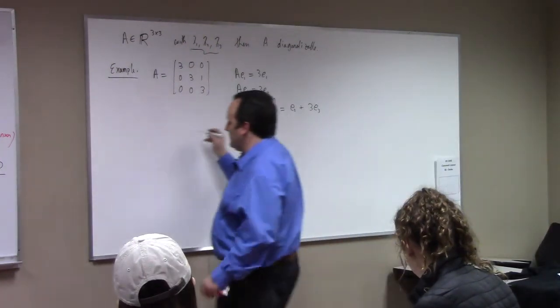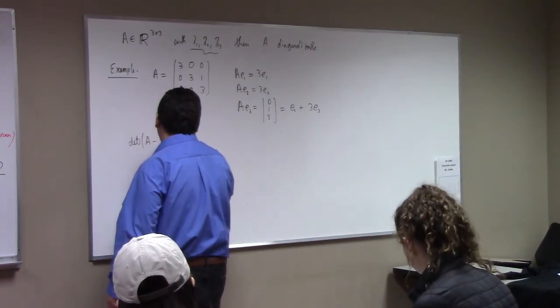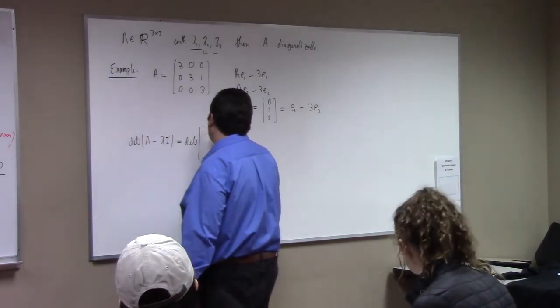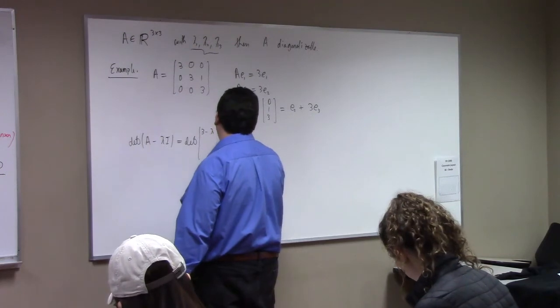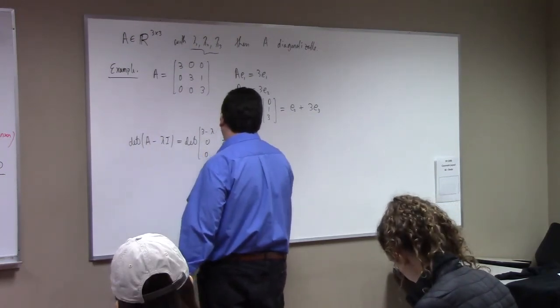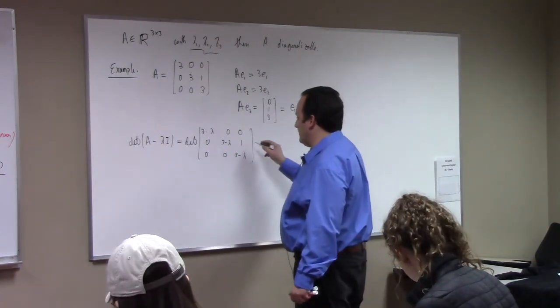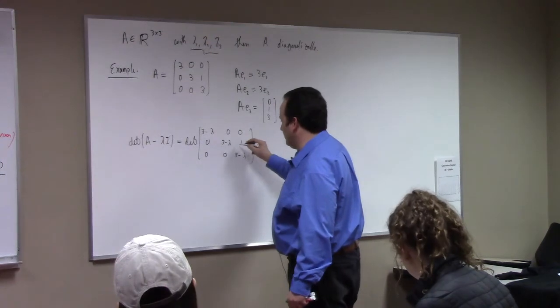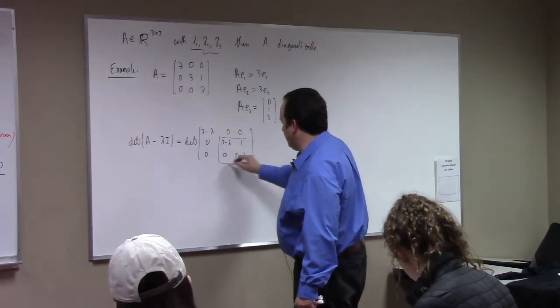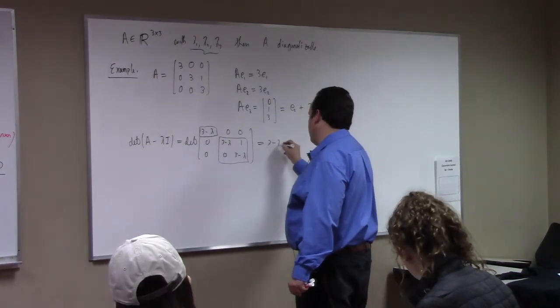What's the characteristic polynomial of this one? So the wonderful thing about determinants is it does blocks, right? So we can look at this block and that block. So we get 3 minus lambda.